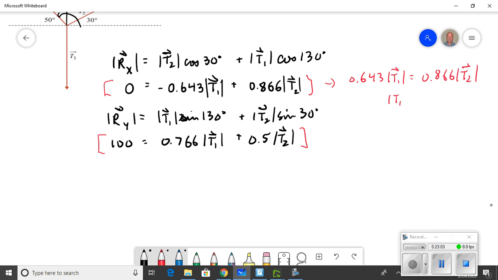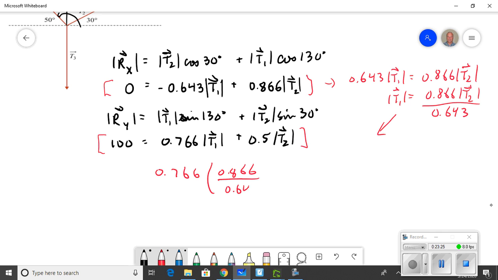Okay, let's solve for T1. Now I can substitute this into here, so wherever there's a T1, I could solve by substitution.